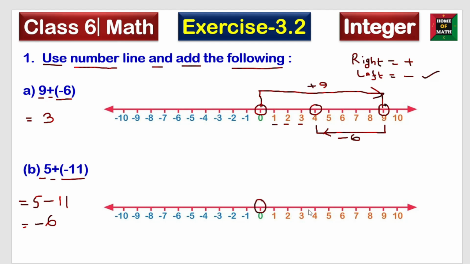So this is draw 0. So first plus 5, this is 5. So this is plus 5. And now we will subtract 11. So from here 11, it means 1 2 3 4 5 6 7 8 9 10, 11.